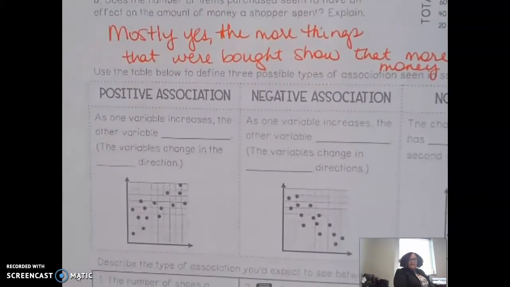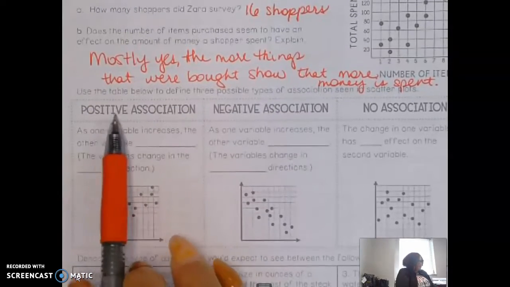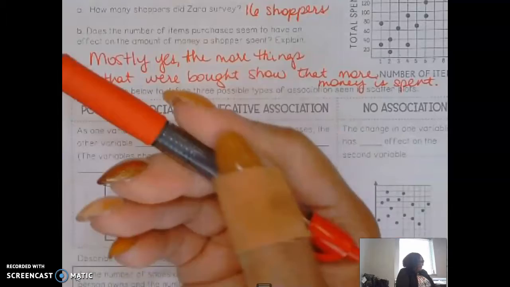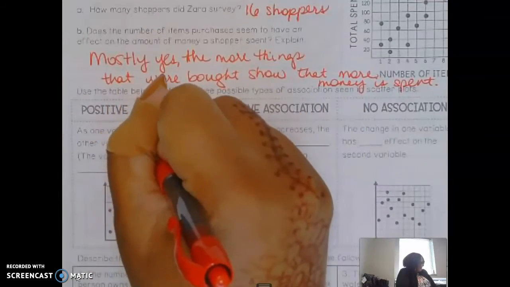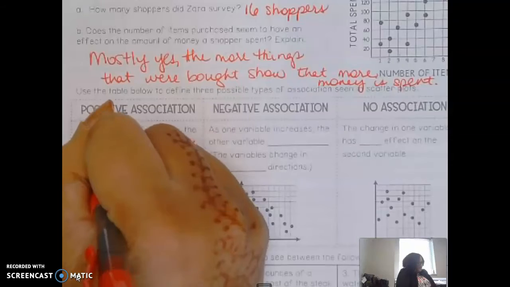So let's look at these here. Okay, so use the table below to define the 3 possible types of association seen in scatter plots. The first one says positive association. As one variable increases, the other variable also increases. They're doing the same things and moving in the same direction.